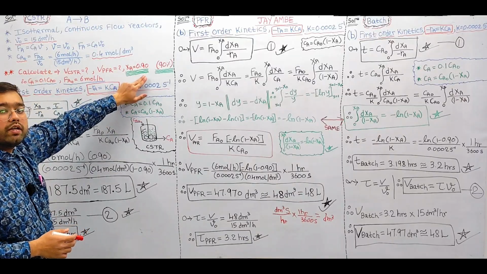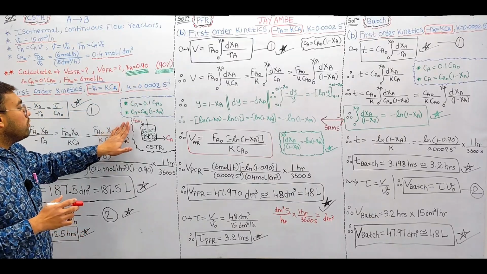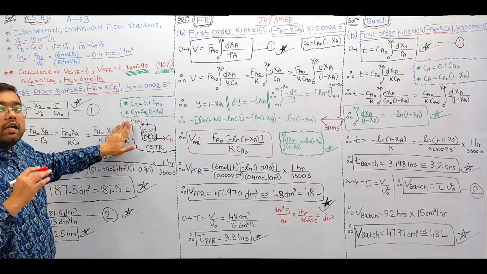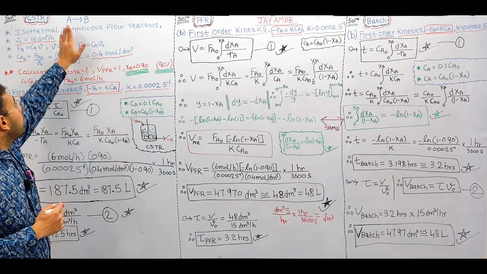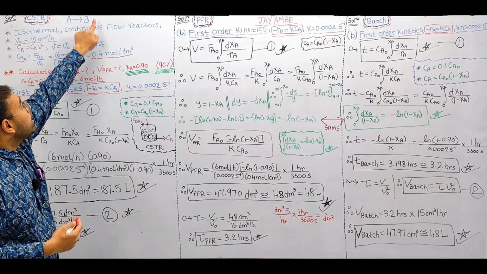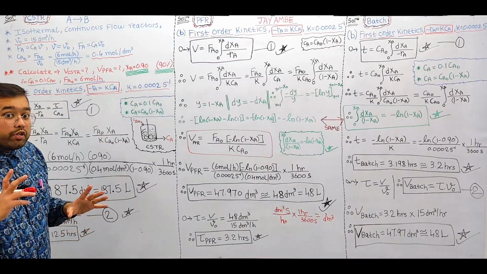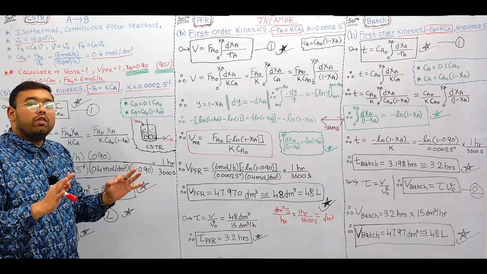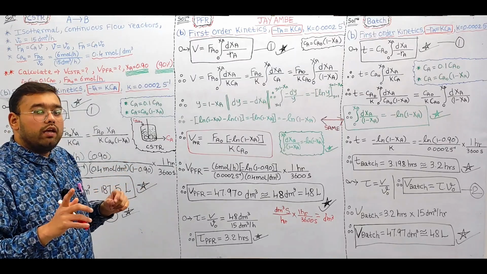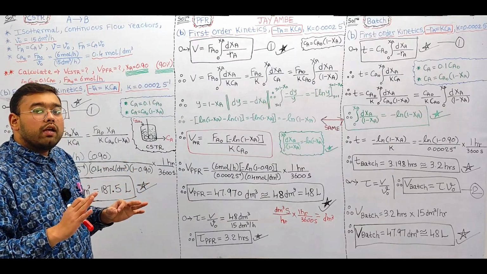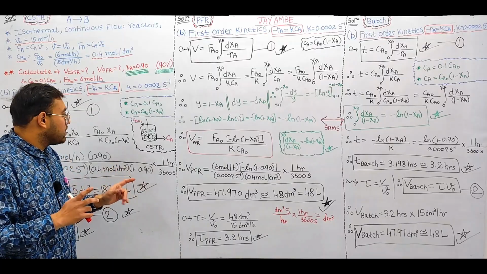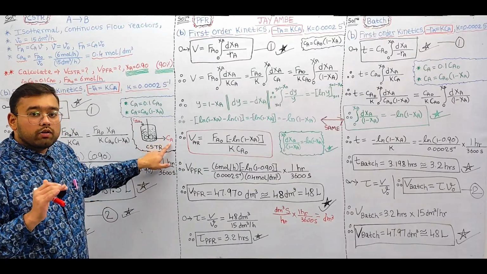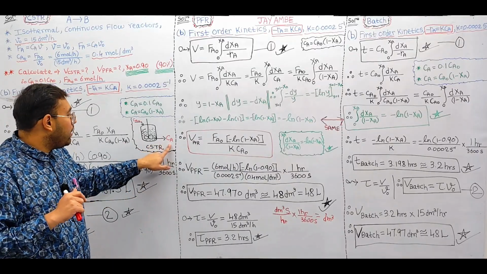So we have 90% conversion, which means out of those 100 molecules, 90 molecules of reactant A will get converted into the new product. We are left with 10 molecules of unreacted reactants, which will exit through the outlet stream of the CSTR, right?